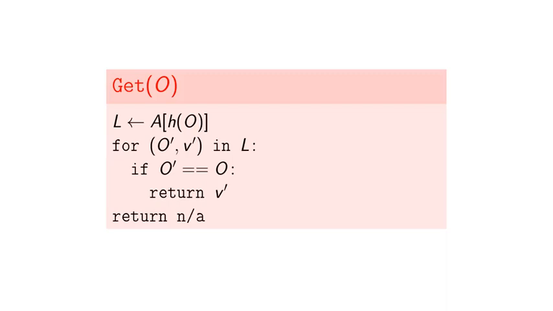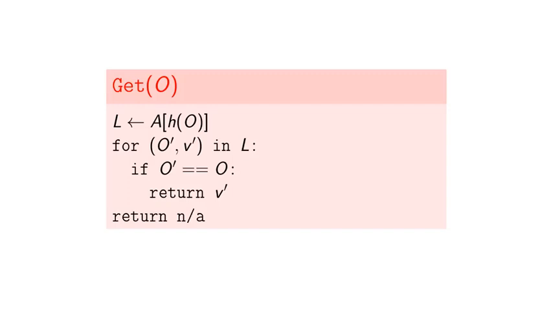Next, let's implement method get, which should return the value corresponding to object O, if there is one, otherwise return some special value telling us that there is no entry corresponding to object O. Again, we start with computing value of hash function on object O, and looking at the cell number h of O in the array A, and take the list which is stored in that cell.